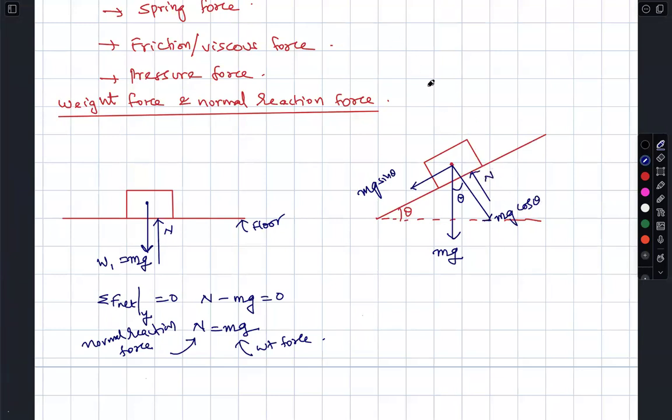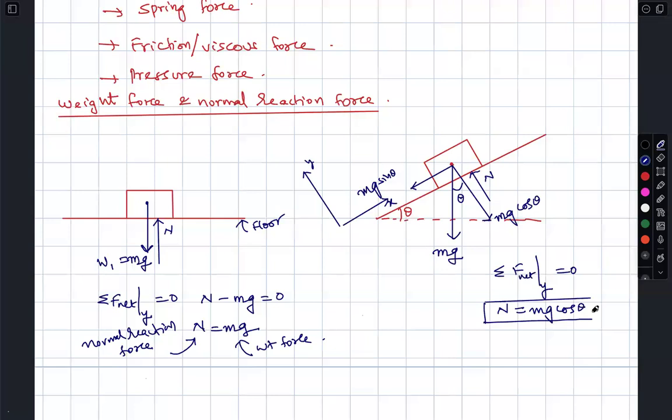In this case, you take this as y-axis. You take this as x-axis now. So we are worried about y only. Sigma F net in y is 0 because it is still in contact with the floor. No acceleration in y direction. So therefore, in this case, normal reaction is mg cos theta.